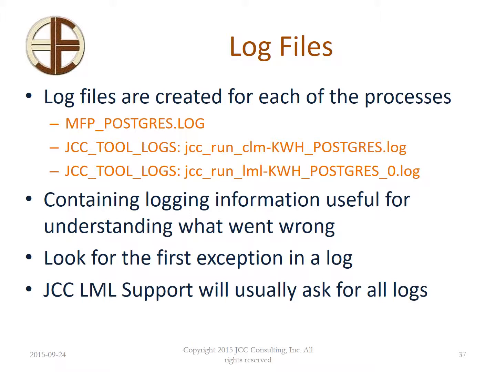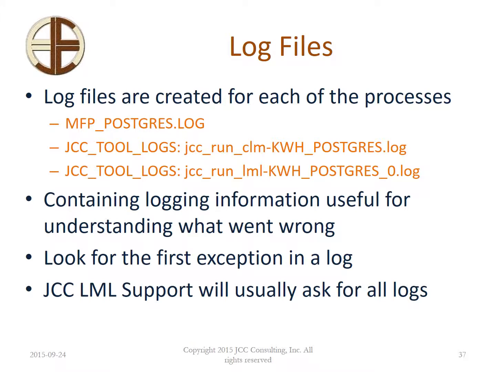The loader session creates a number of log files. There's the log file for the main command procedure that we submitted to batch. There's a log file in JCC tool logs called run CLM. There's another one called run LML. The logging information is useful when understanding what went wrong.